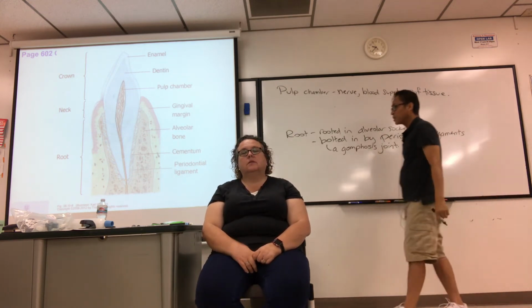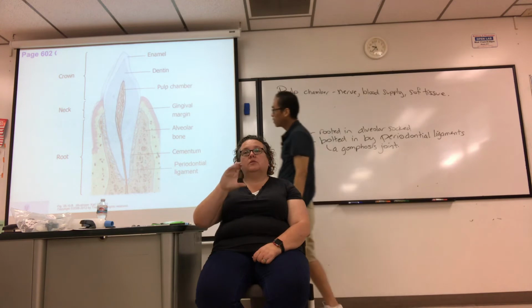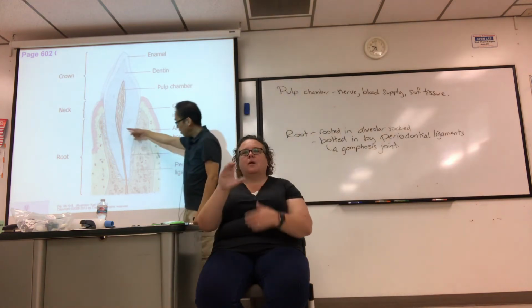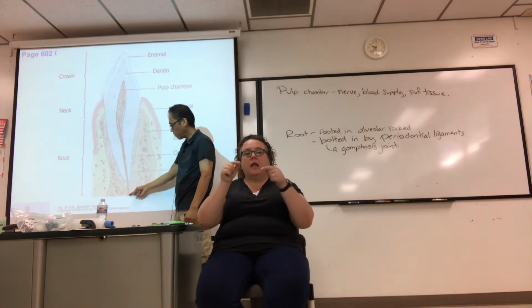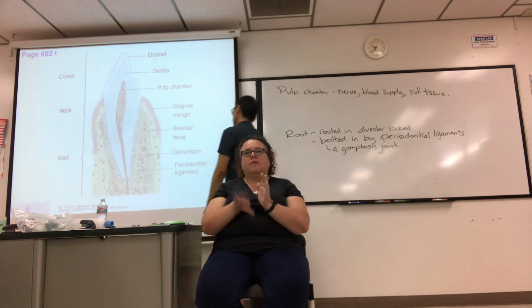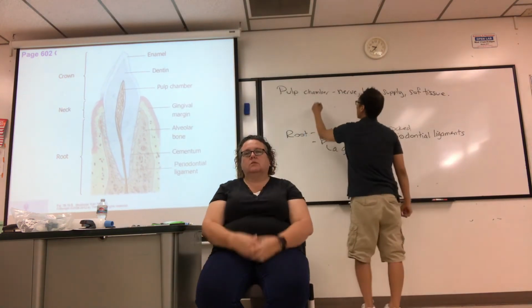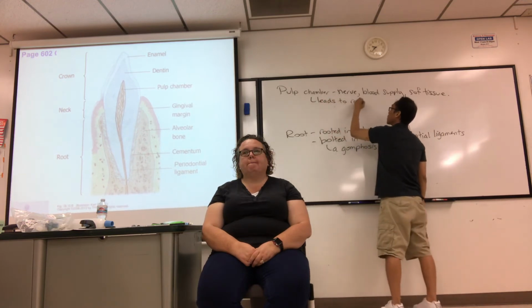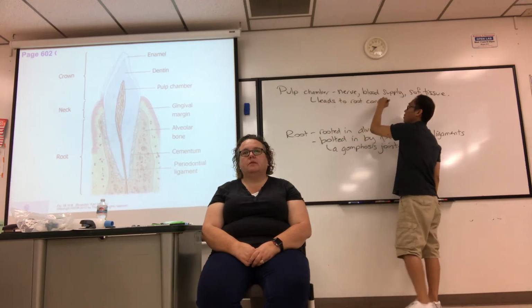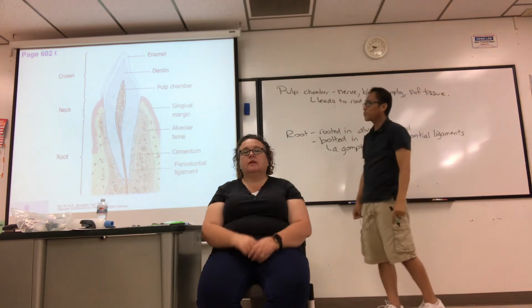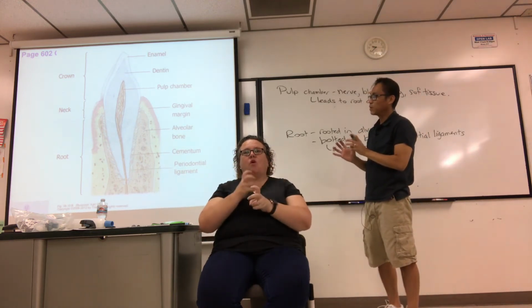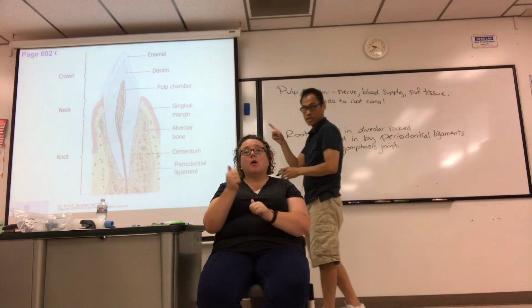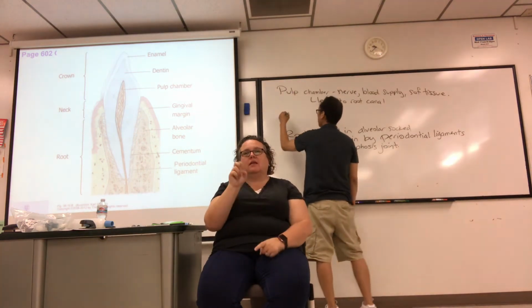Now the pulp chamber leads to a canal down the bottom of the alveolar bone. Leads to root canal. The space around the pulp chamber is hard tissue. The majority of the tooth is the dentin, as the picture shows.